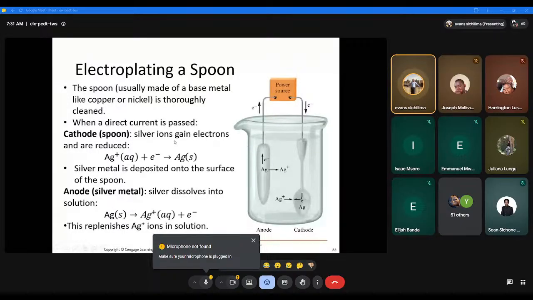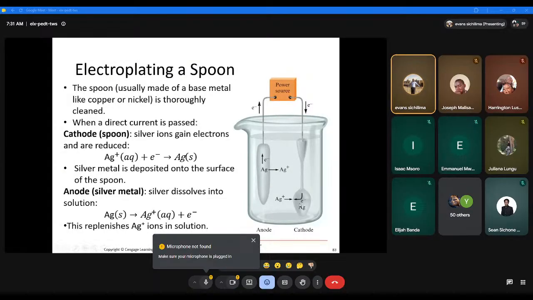The silver ions will gain electrons here at the cathode and are reduced in this reaction. So this solid silver now settles on the surface of the spoon. So at the end of the day, you might think the whole spoon is made of silver.